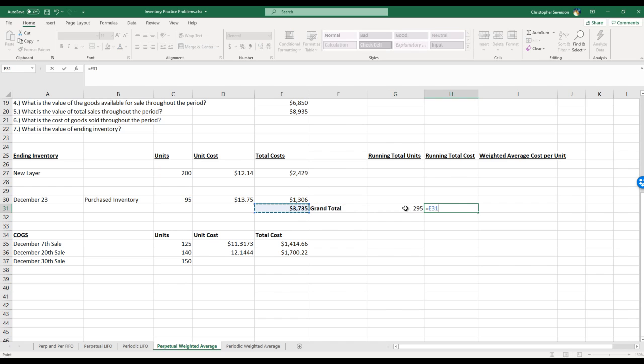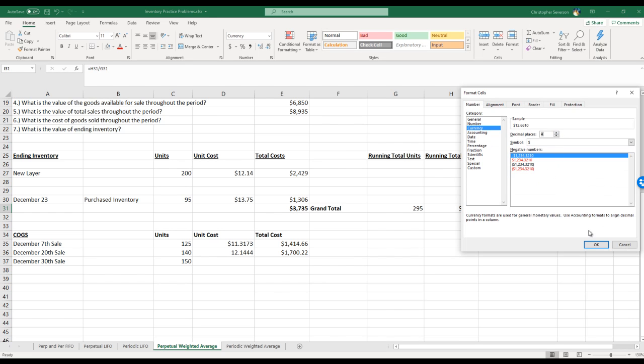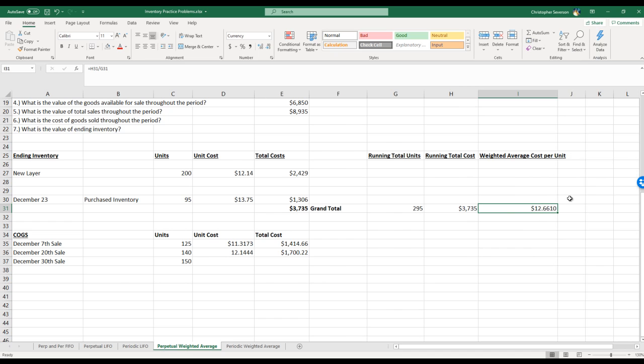What is the total cost, which is given to us here already, and then the cost per unit. I'm going to hard code those in again and round it out a couple more digits. So 12.6610.